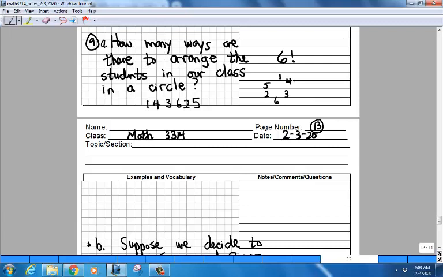That's definitely a circle, but the problem is that if you think of rotating the circle a certain amount, that doesn't really change the circle, correct?